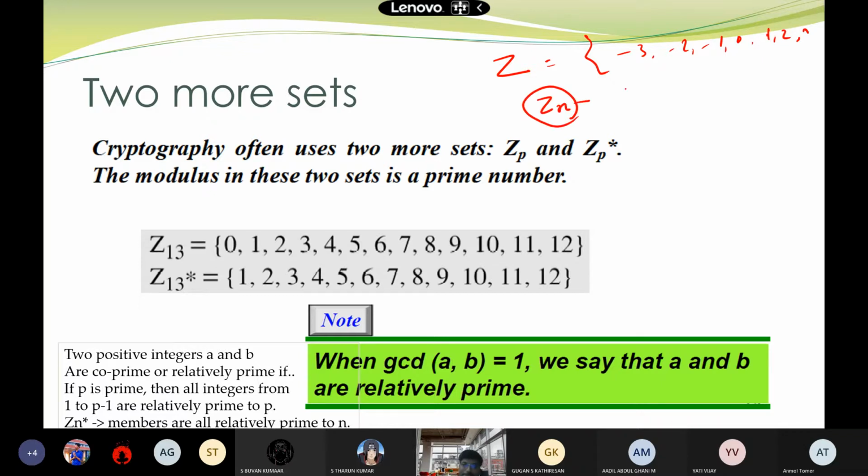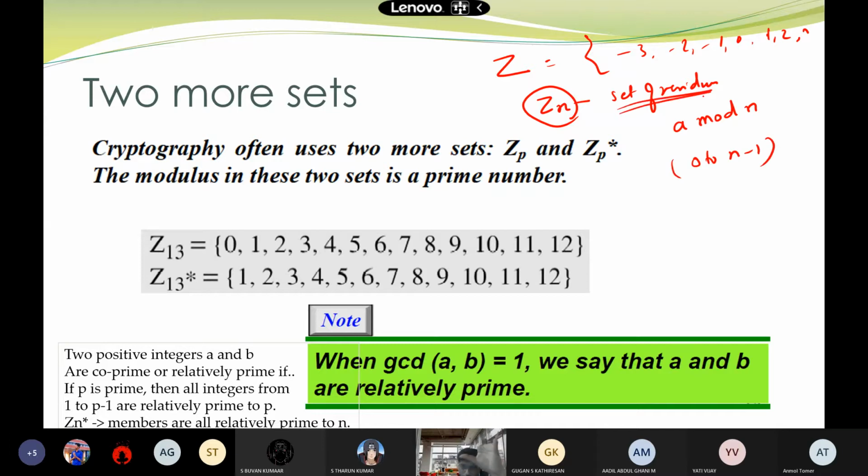So what is Zn? It is basically the set of residues, because as you know, we are doing modular arithmetic here, which means I have an integer a, I do mod n of that, which means I divide a by n and get the remainder of that, right? And the remainder is going to be an integer value between 0 and n minus 1.